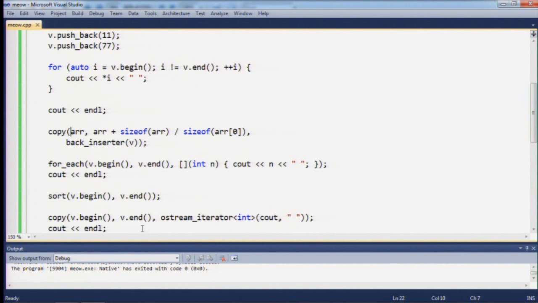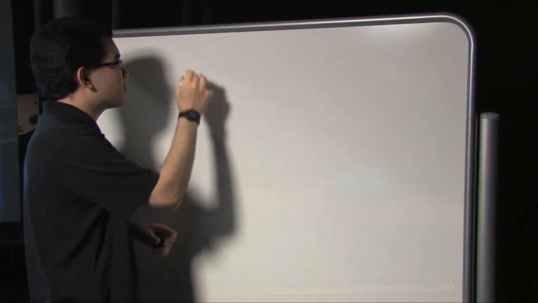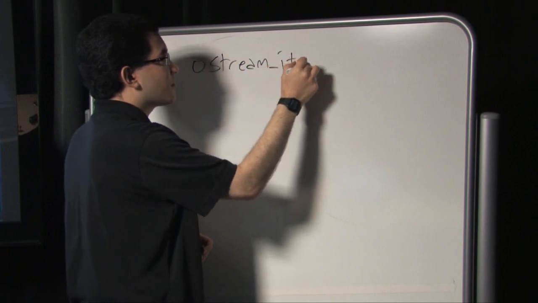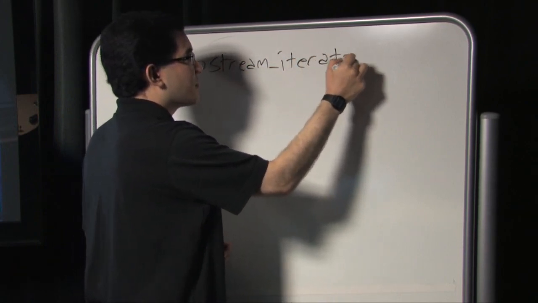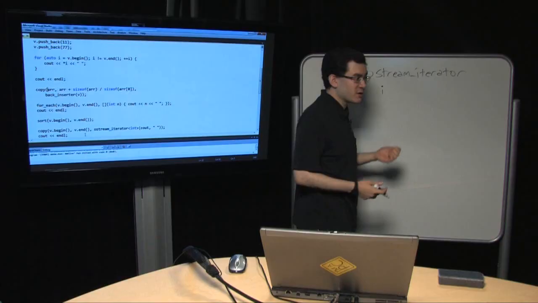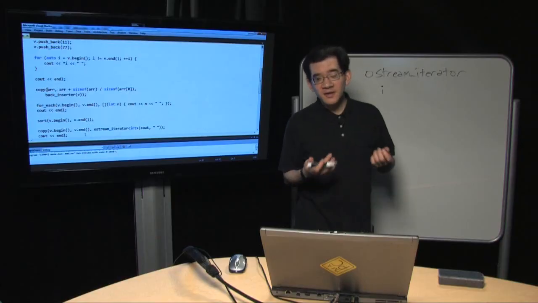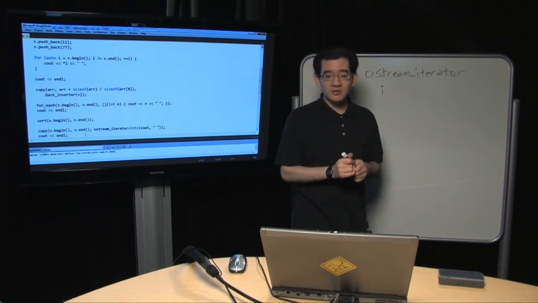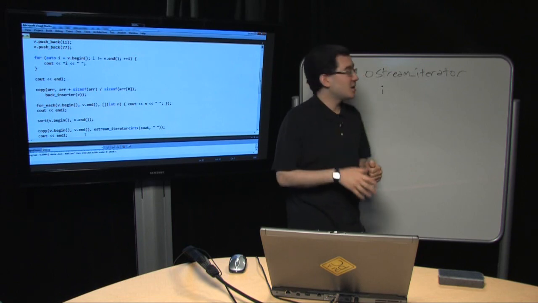So what an ostream_iterator does, this is something coming from the iterator header. Please include all of the headers that you need. If I have an ostream_iterator, suppose this ostream_iterator is called i, and I constructed it telling it, okay, you're going to be fed ints, you're going to print to cout or any other stream, and then here's your delimiter, space.